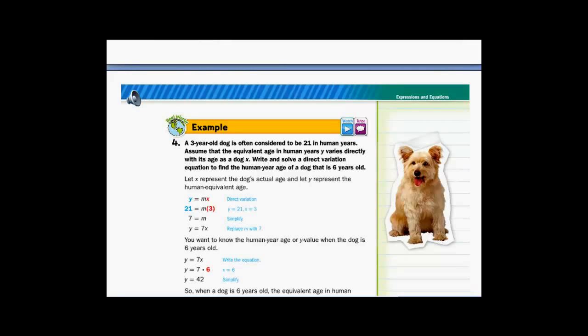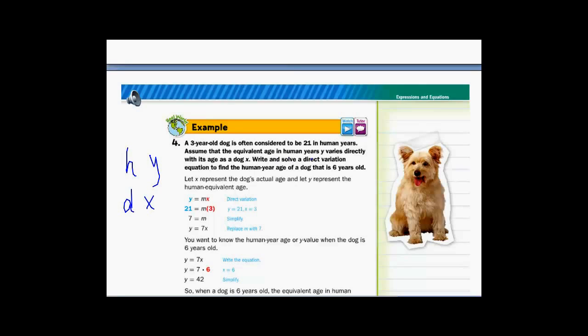A 3-year-old dog is often considered to be 21 in human years. Assume the equivalent age in human years y varies directly with its age as a dog, x. So human years, y. Dog years, x.